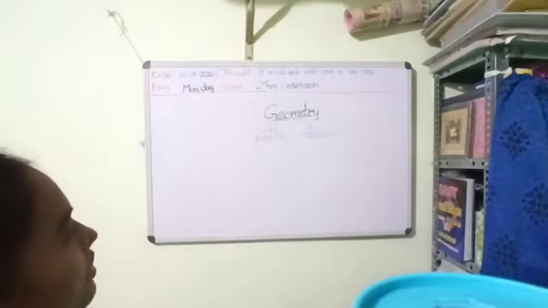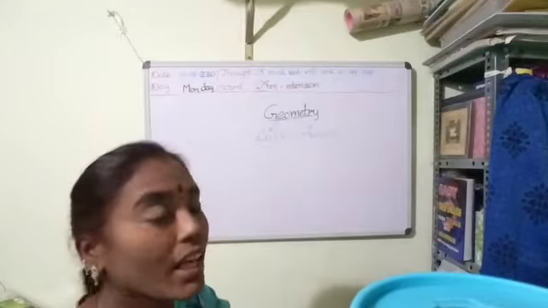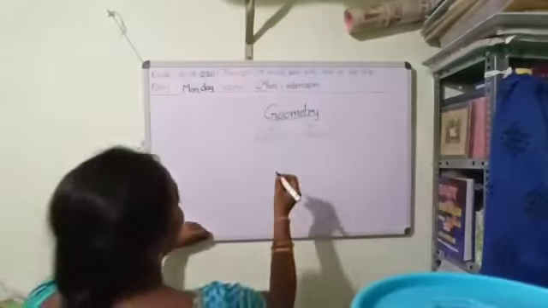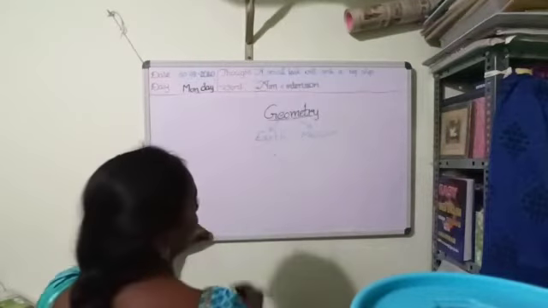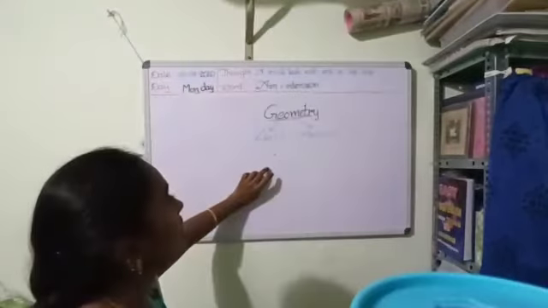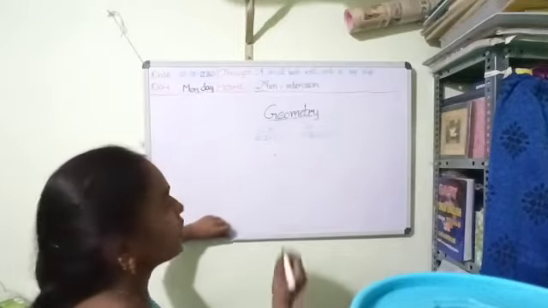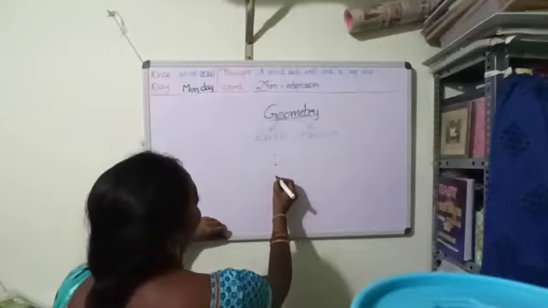And all of geometry starts from the point. What is that one? Point. See here, where do we see this point? Your mother daily draws rangoli in front of your houses. How does she start the rangoli? By putting dots like this.